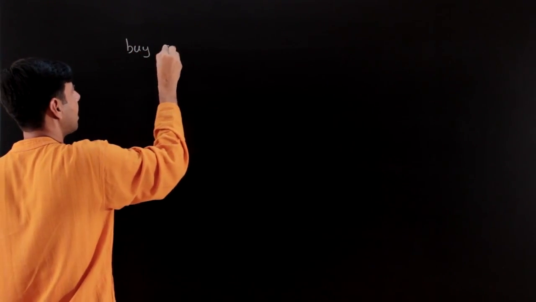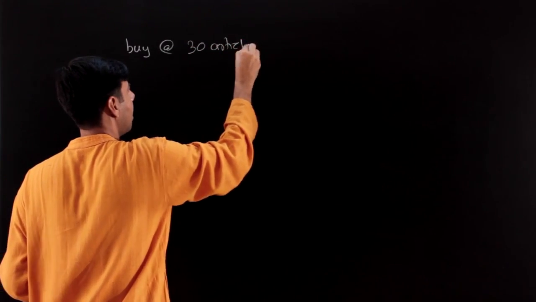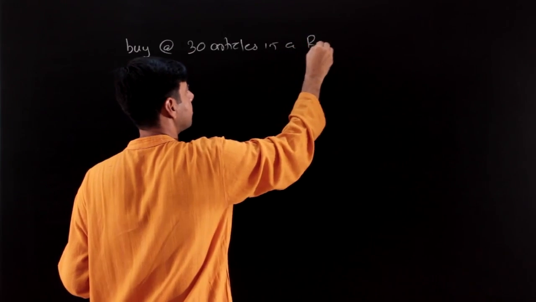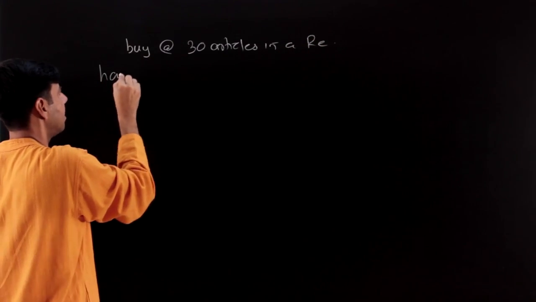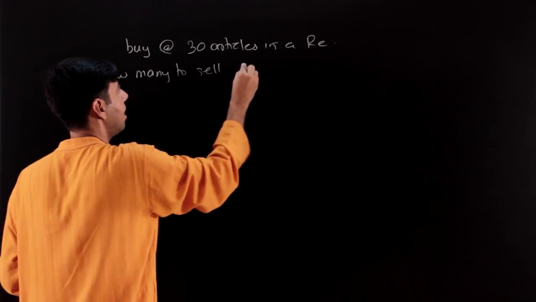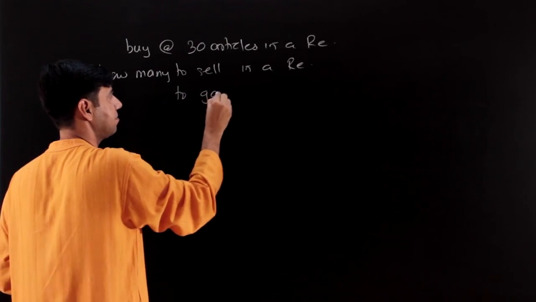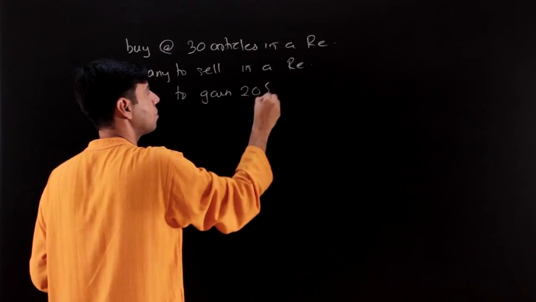So I buy at the rate of 30 articles in a rupee. How many to sell in a rupee to gain 20%? So let's look at it.